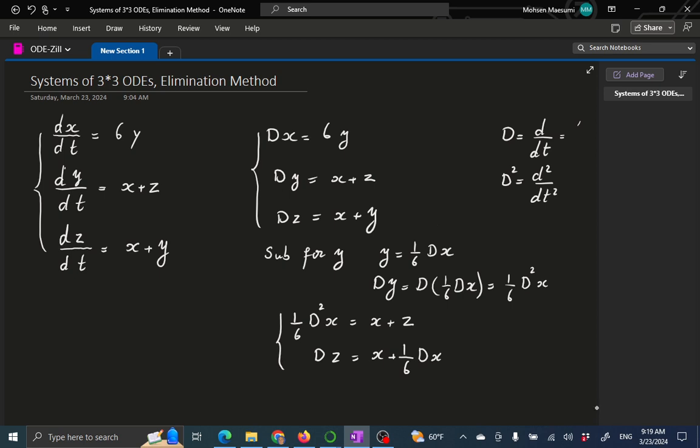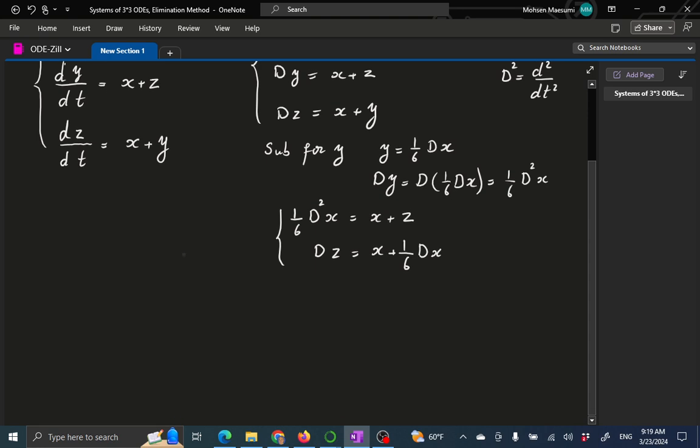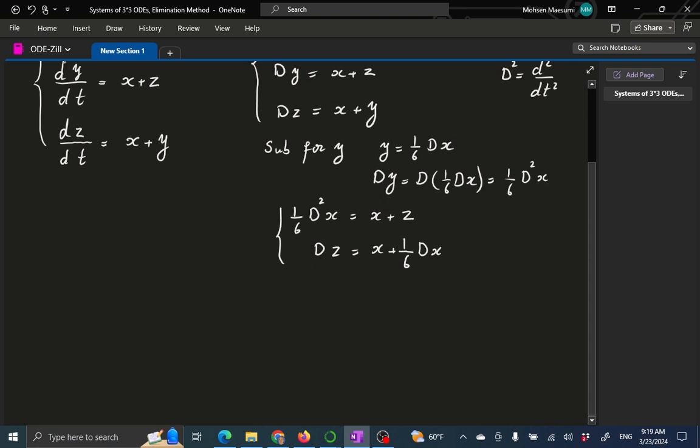Next, I might bring everything to one side so that the equation looks like what we are used to from the prior lecture. I'll have 1/6 of d squared x minus z equal to 0. And for the second equation, let's write the x first: minus x minus 1/6 of dx, and then plus dz equal to 0.